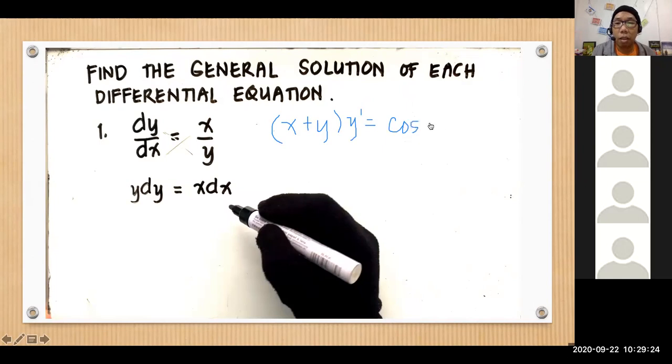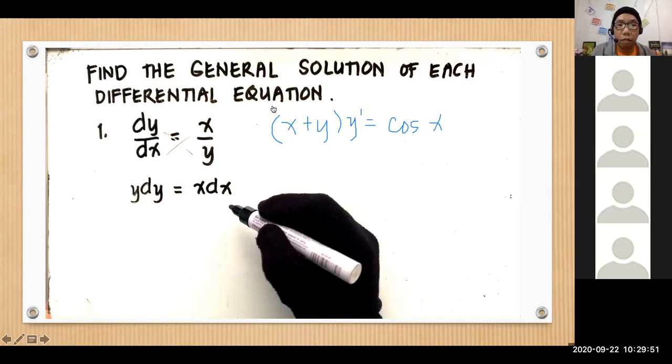So may mga cases na pwedeng involve yung trigo functions, exponential, logarithmic functions. So ito, kasi this function actually contains variable x and variable y. So paano masabi hindi mapaghiwalay, sir? Di ba kasi yung dy over dx, itong y prime is dy over dx.